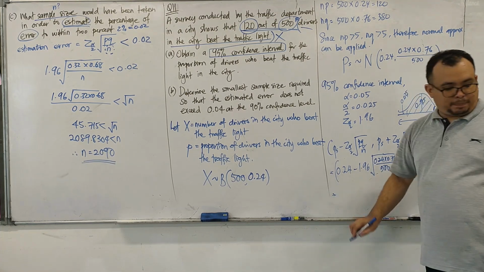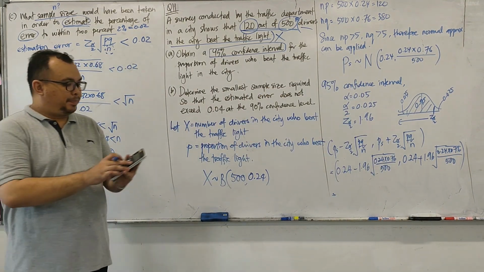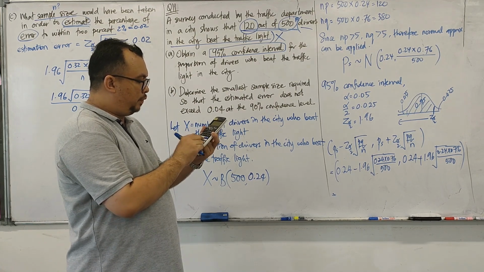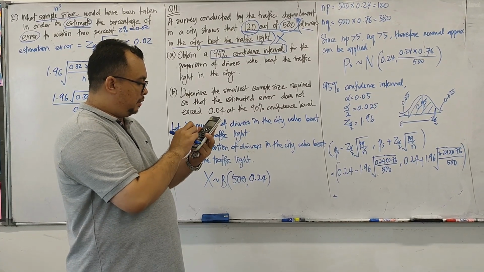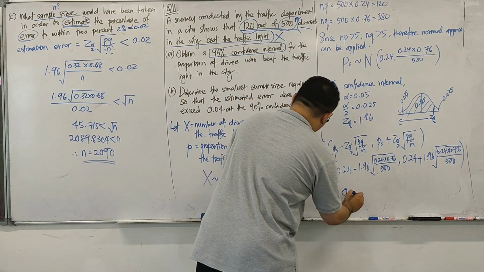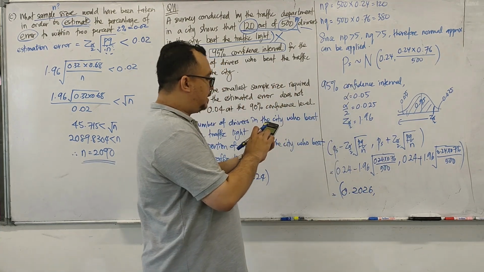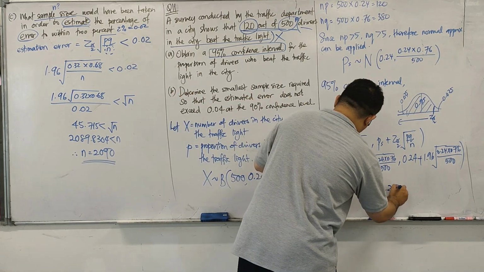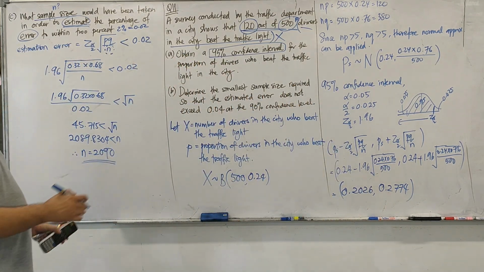Okay, so now we press our calculator. Berapa kita dapat? 0.24 minus 1.96 square root 0.24 times 0.76 divided by 500. Okay, this one saya dapat 0.2026. Okay, so now I change from minus to plus: 0.2774. Okay, so that is my confidence interval.